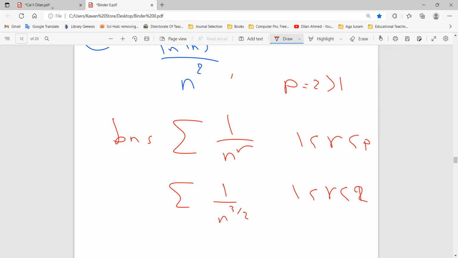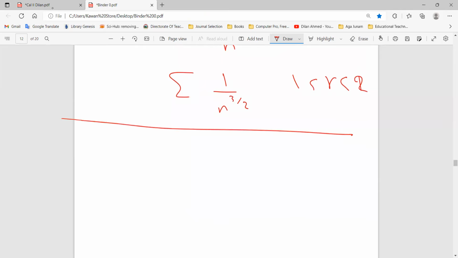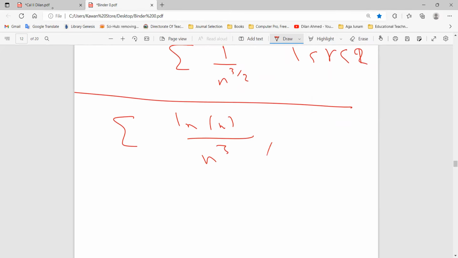So for solving such an example, for example, during the exam, if I gave you ln n over n to power 3, your Bn should be what? Between 3 and 1. So I'm going to use 1 over n squared. You got it?